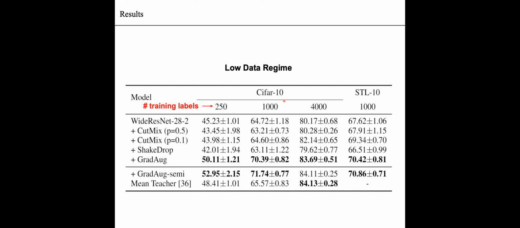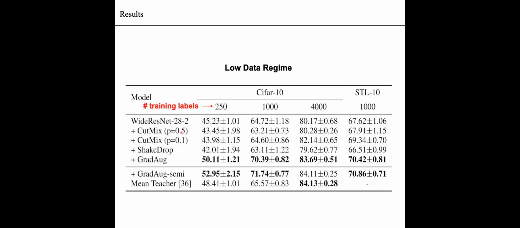For CIFAR-10, we have 220 training labels, which is much less than the normal number of training samples. Compared with other regularization techniques, GradOrg performs significantly better. As a matter of fact, other techniques are kind of hurting the performance, right?